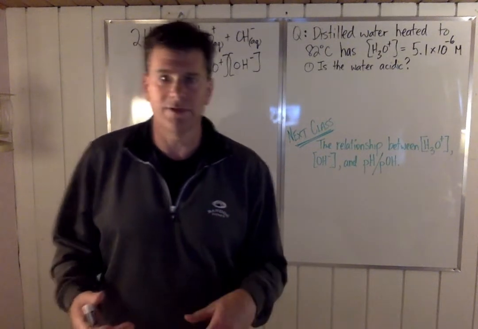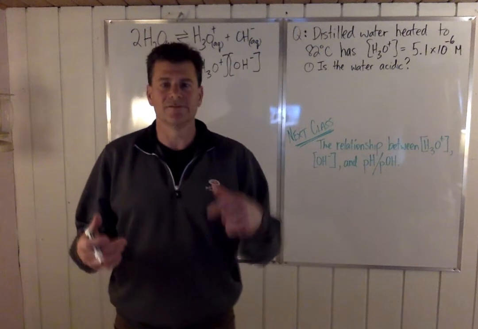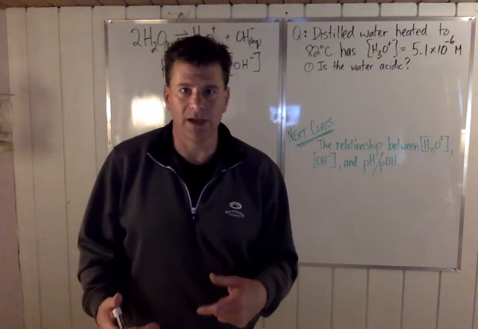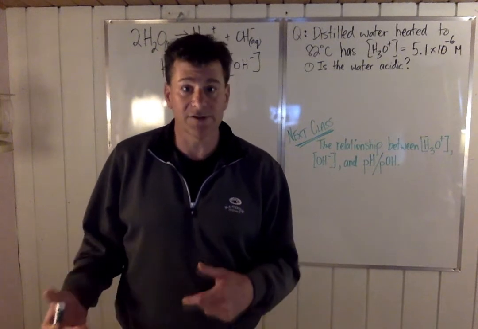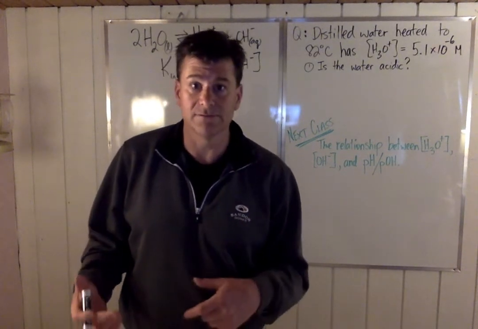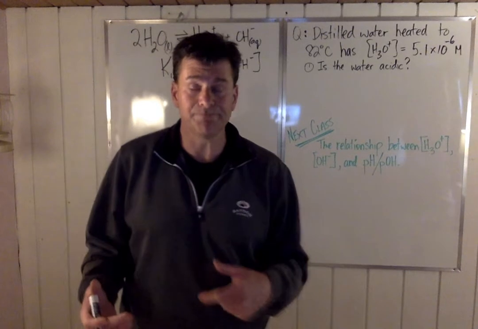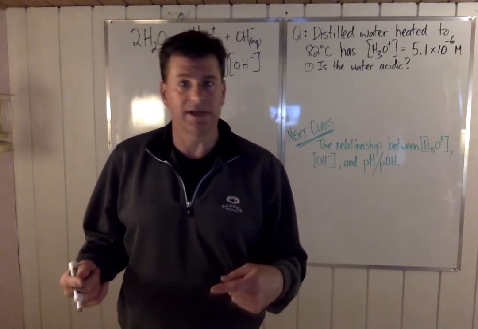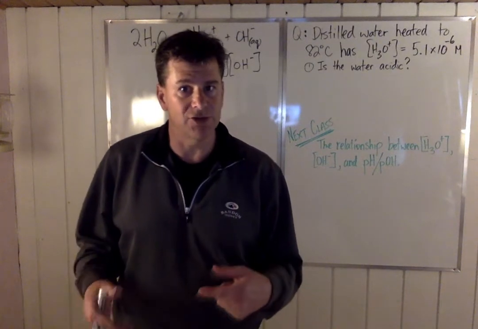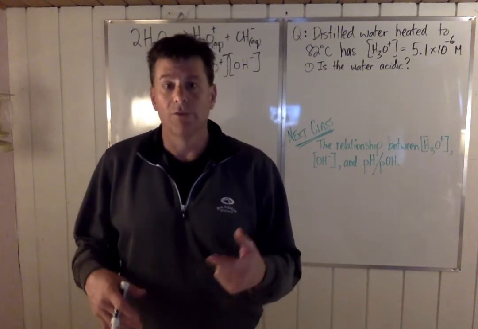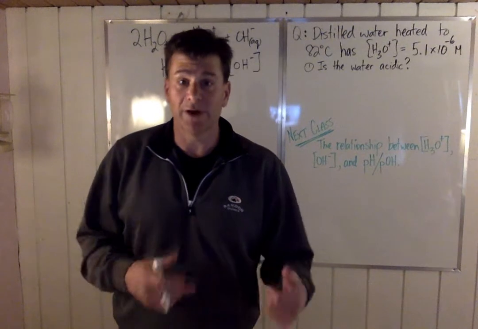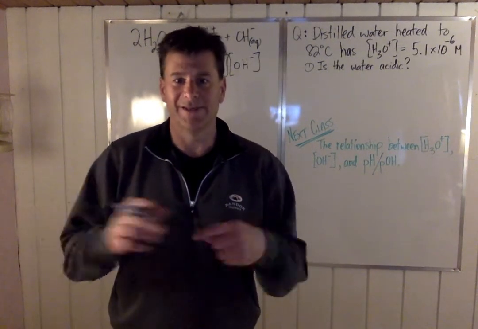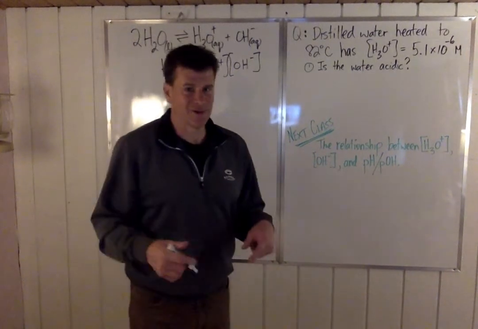And so one of the questions that people oftentimes have will be, well, if the hydronium is higher concentration than that 1.0 times 10 to the negative 7, if that's true, then isn't it acidic? Because that's what you said, the hydronium is greater than the hydroxide. Well, that would be true if it was greater than the hydroxide. It's greater than what it was before, but let's look at this a little bit more. Let's go to some other questions.